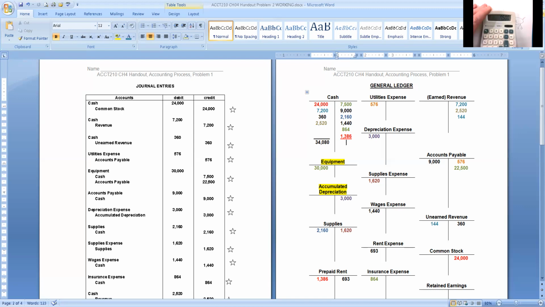Plus. $22,350. And I'm going to add that one up again, just for kicks.